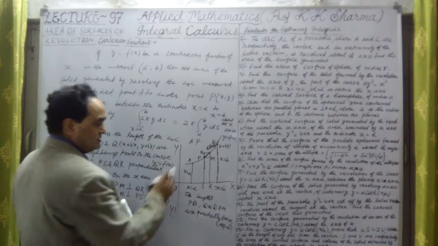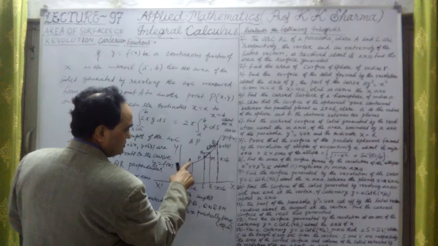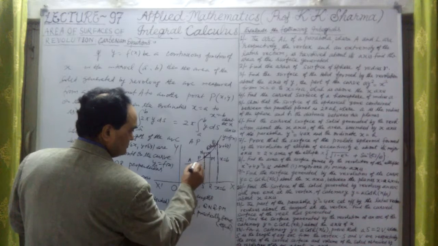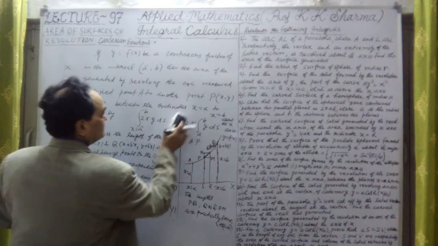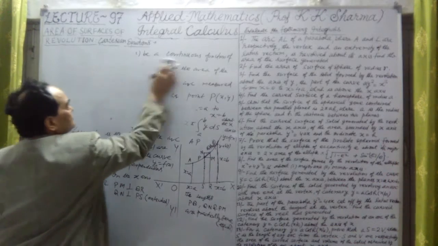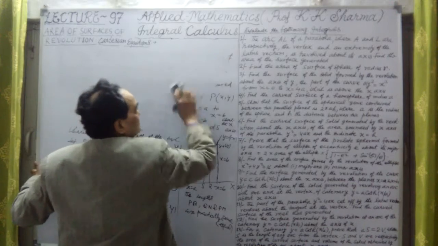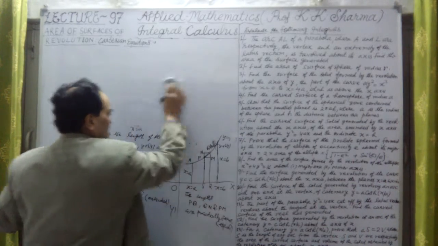Now let me take areas. Let me take the length of this AP that we have already taken. Let me prove that this area is equal to 2 pi y ds with limits a to b, which I am discussing here.